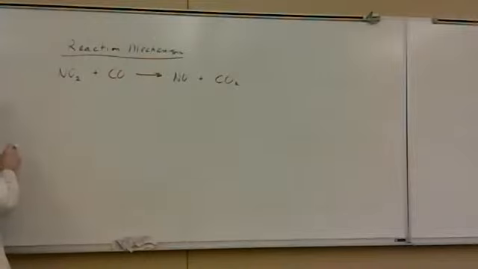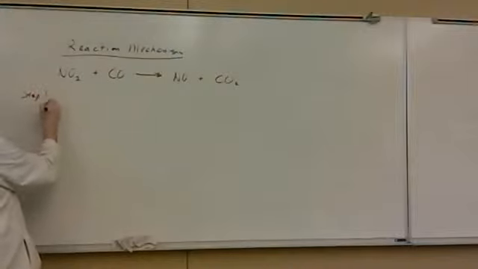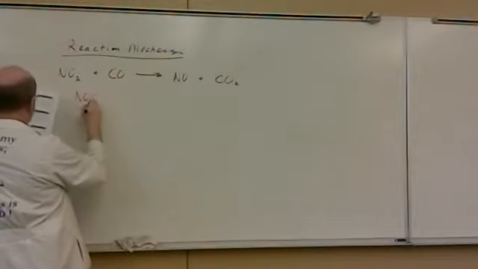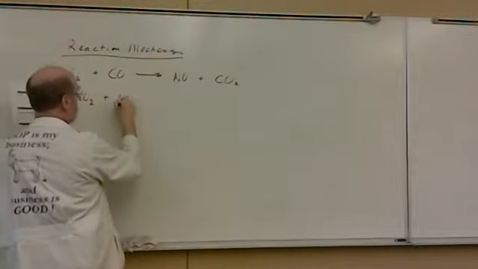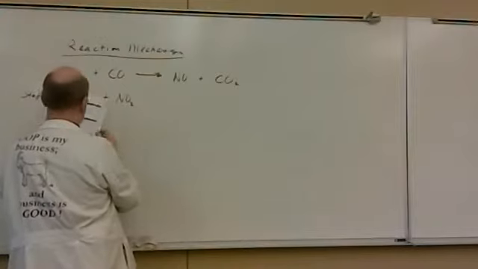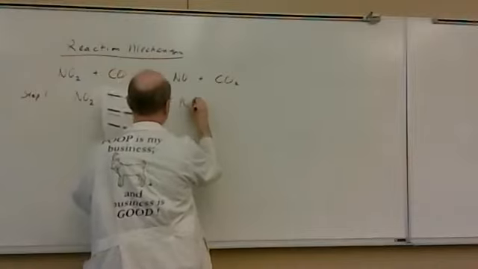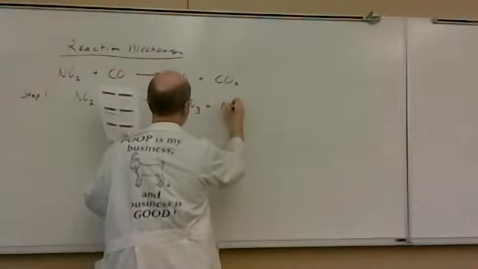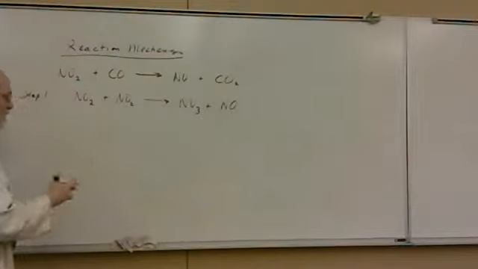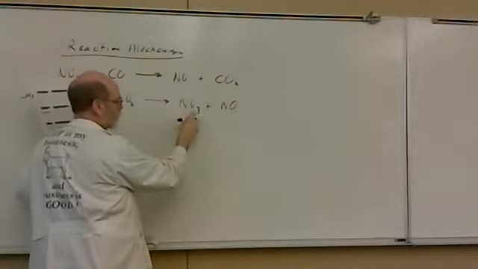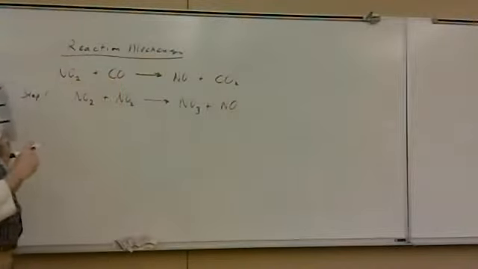In the mechanism, it occurs in steps. They're saying that NO2 plus another NO2 yields NO3 plus NO. Elementary step. So you get two of these smashing into each other, and the product is NO3 and NO. It's an elementary step.